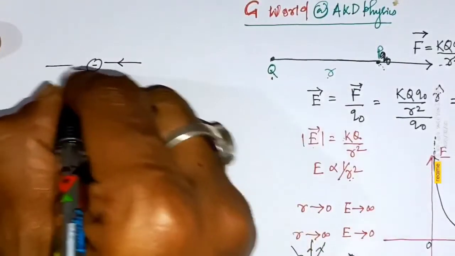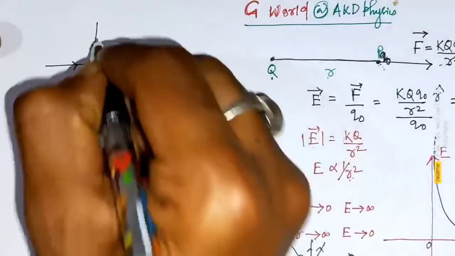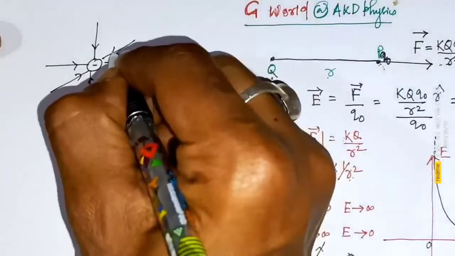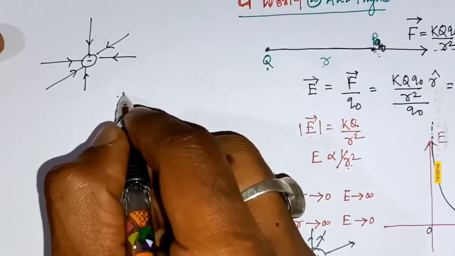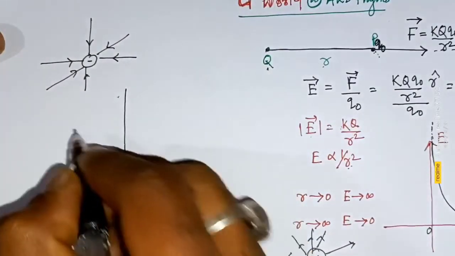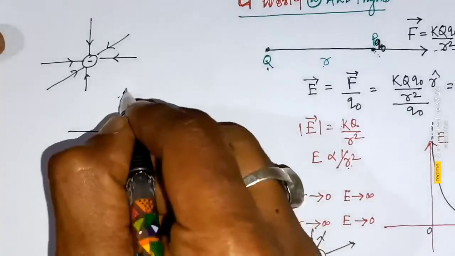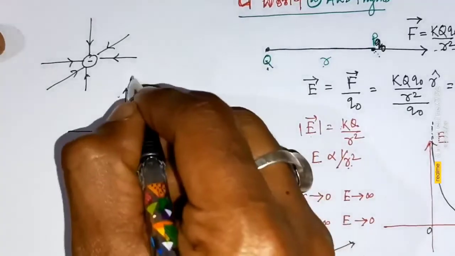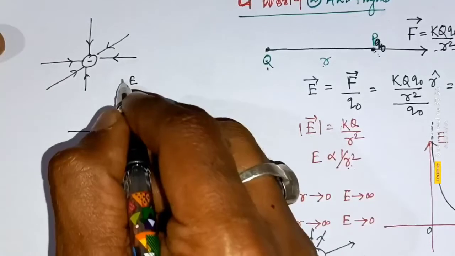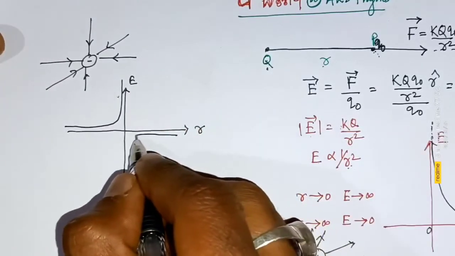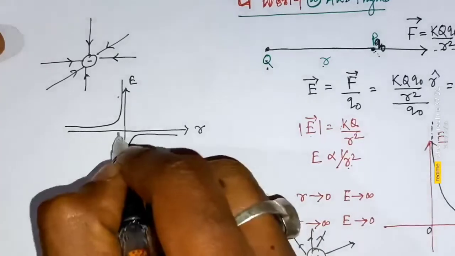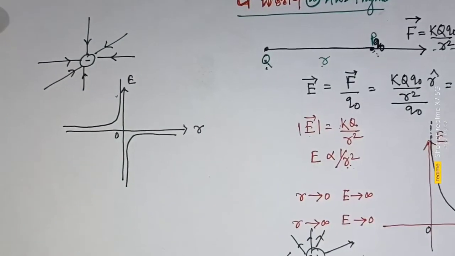The field lines will be radially inward. So I already said it is the mirror image of the positive charge. So for negative charge, electric field versus r distance, it will be a mirror image. It will go like this and go like this. I hope the scenario is pretty clear.